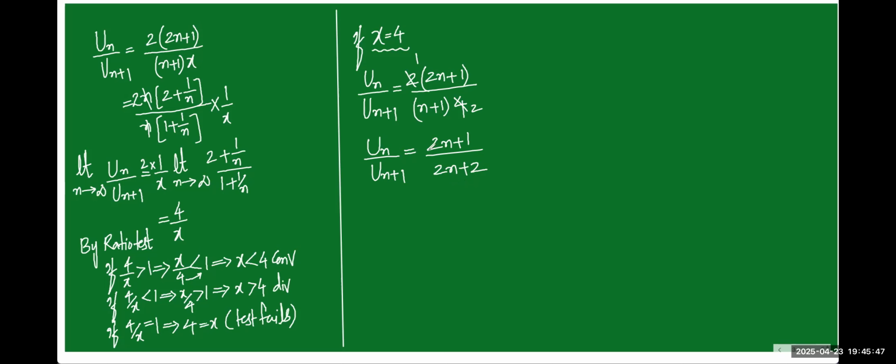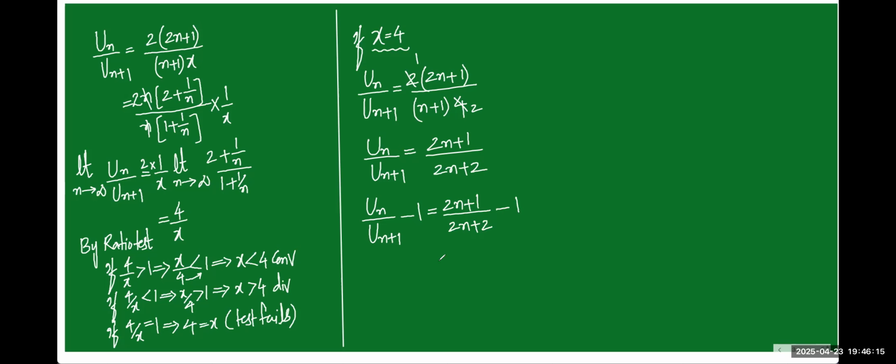If you take the limit n tends to infinity, can I tell you, or do you understand that the test failed? The ratio test has already failed, so we apply Rabi's test. Un by un plus 1 minus 1 we are doing: 2n plus 1 by 2n plus 2 minus 1.